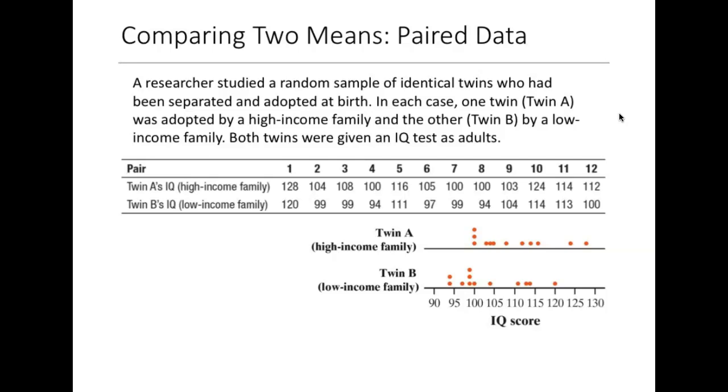And here are the results. So we did this for 12 sets of twins. Obviously, a sample size of 12 doesn't satisfy the large counts condition, so we graph the data.